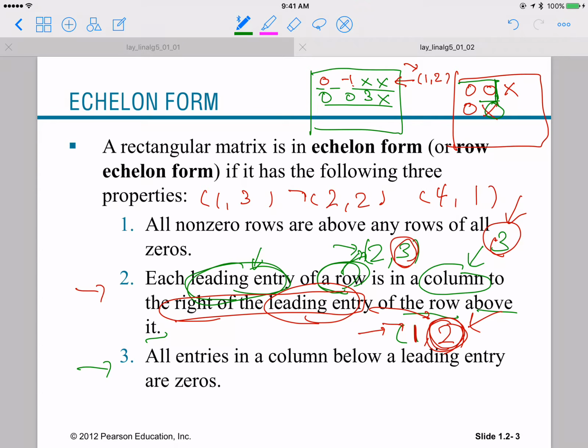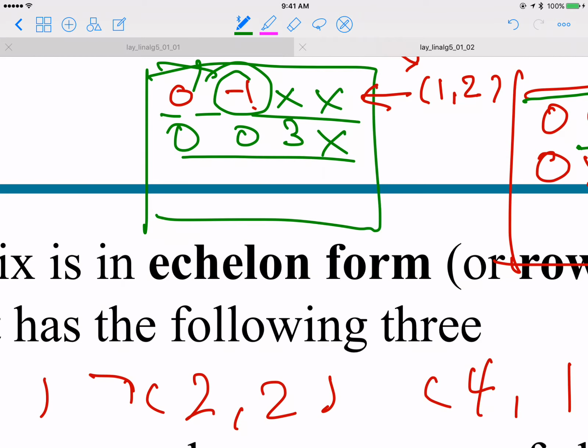And then the third item is about the following. Once we find any leading entry for this one or this one, you look down and you have to see all zeros below that leading entry. And also for this case we also have to satisfy this.